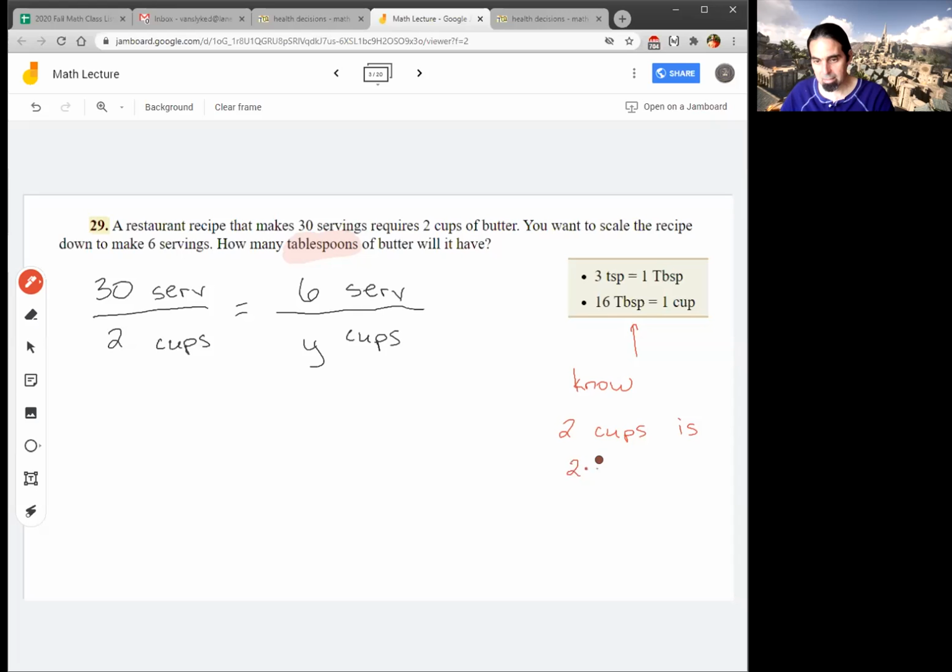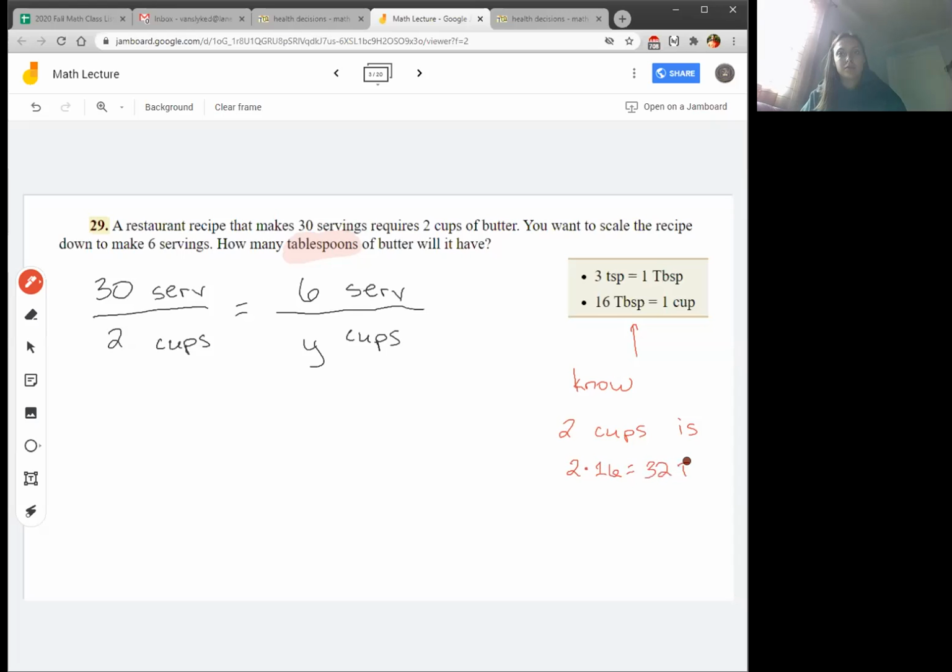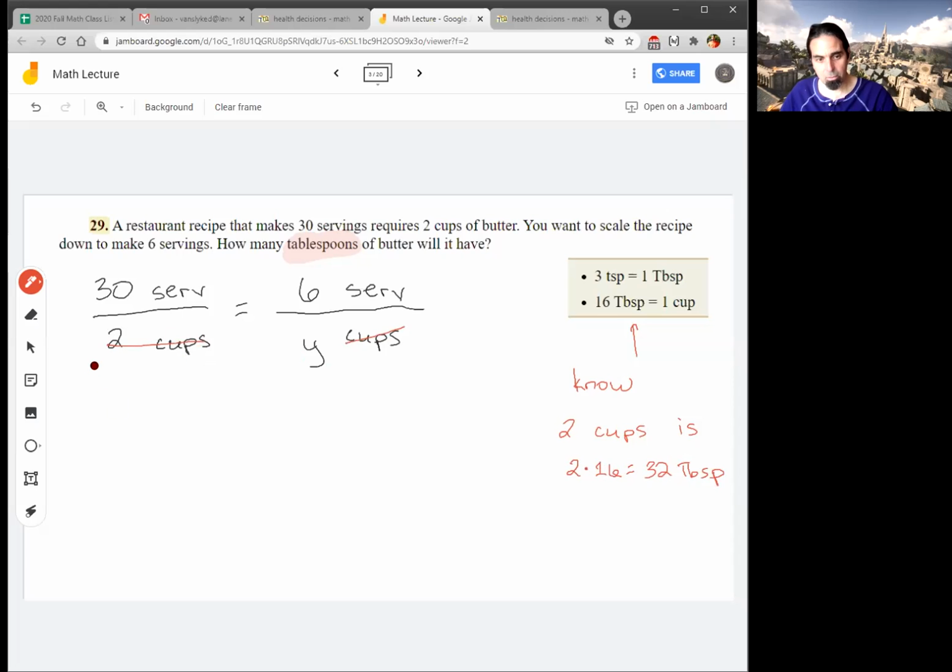Yeah. So we'll just do that. Now we have 32 tablespoons. And this is also in tablespoons. So now we have the math matching. We've gotten to tablespoons right away. We don't have to do any fidgeting at the end.